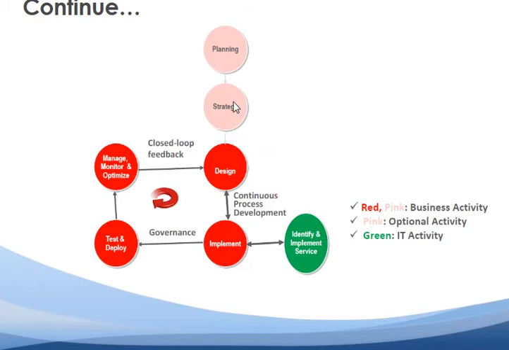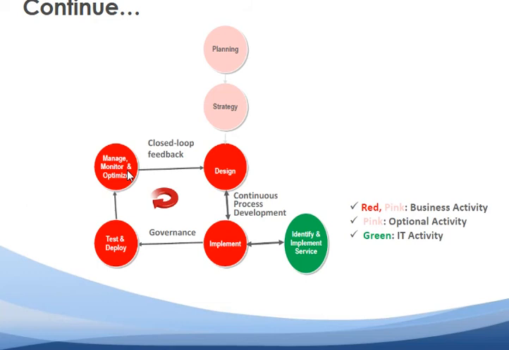Basically this is the best example of this. Suppose you want to develop any software, then you will plan it, and then make a strategy on how to implement it, and then you will make a design, and after that you will implement some code, and test and deploy it on any server, and the last factor is to manage and monitor, and it will be optimized.